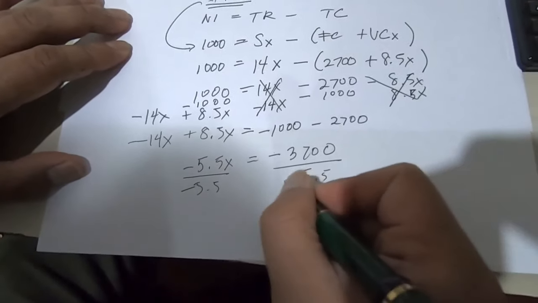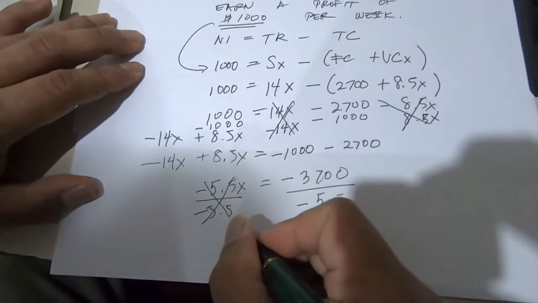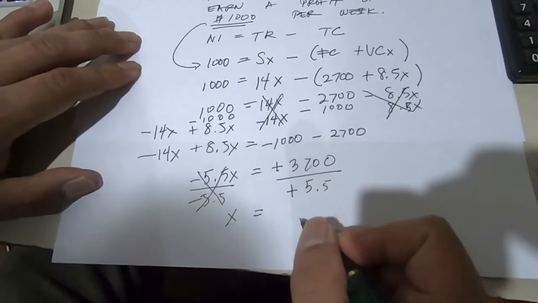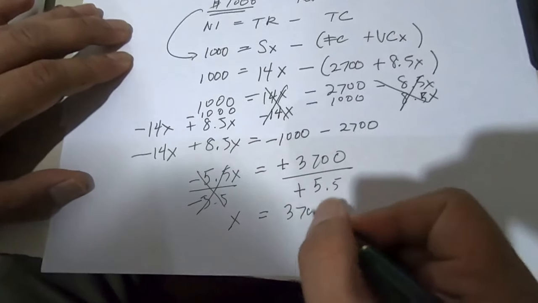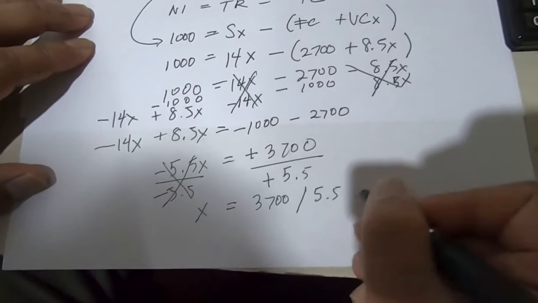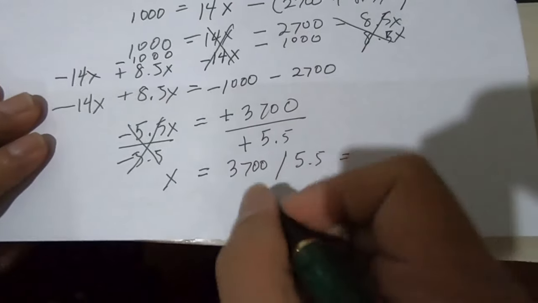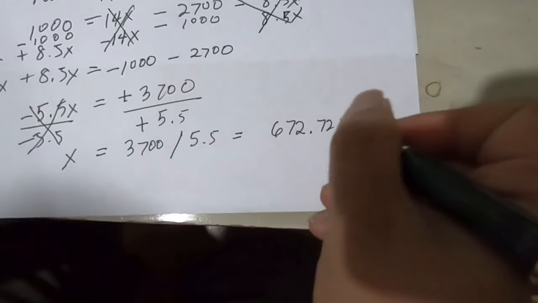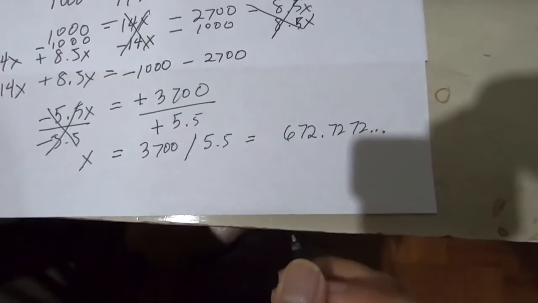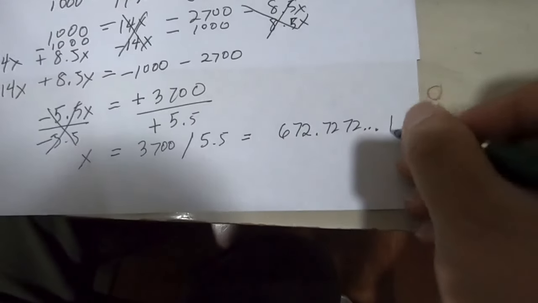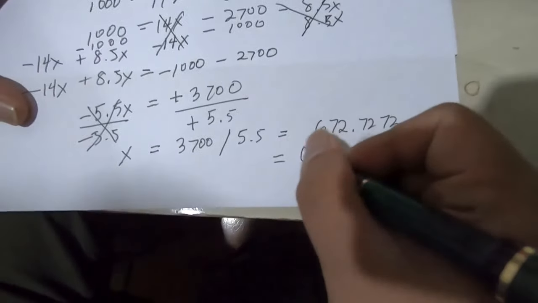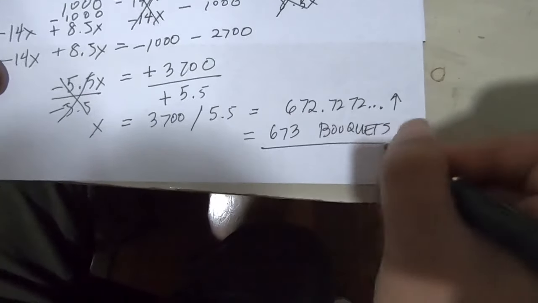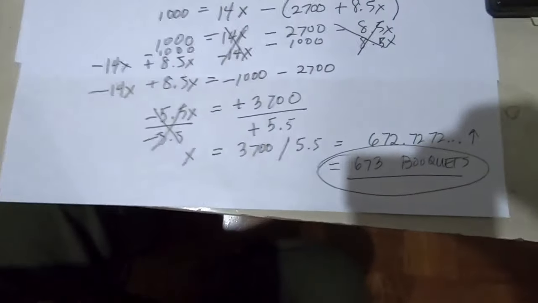This cancels out, isolating x here. So the negatives cancel out as well. So it'll be 3,700 divided by 5.5 to equal 672.7272 as the quantity. And the same as with the break-even quantity, we always round up, so that will be 673 bouquets. That's your answer for part C. Thank you.